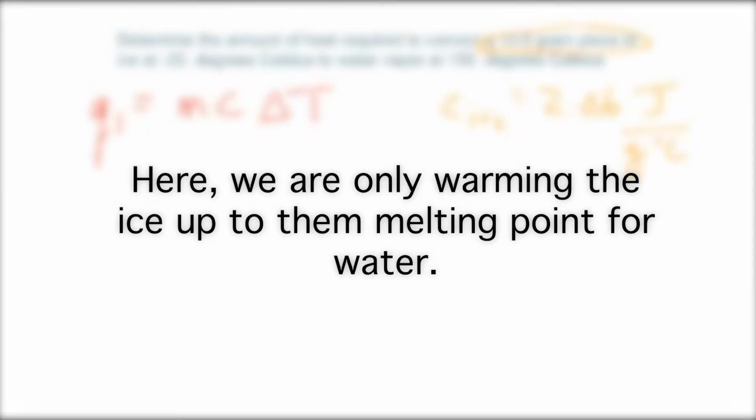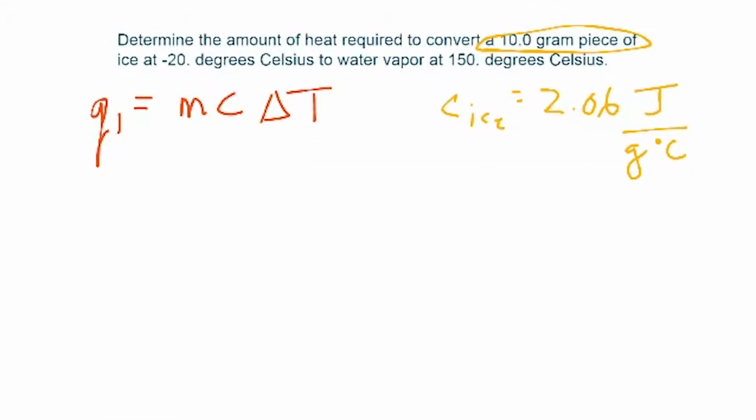Remember, in this particular step, we are only warming the ice up to the melting point for water, which is 0 degrees Celsius. So our final temperature is 0 degrees Celsius. Our initial temperature is negative 20 degrees Celsius. So delta T would be 20 degrees Celsius.